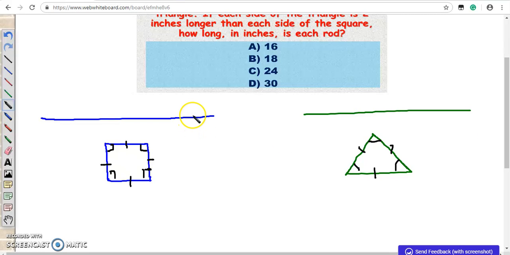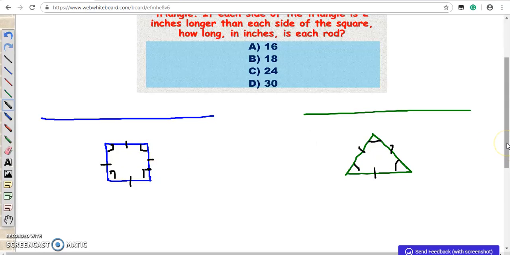Now if I bend a rod into any shape, how can I match the length? If I add all these lengths, it should be equal to the length of this rod. Here as well, if I add up all the side lengths, that should be equal to the entire length of this rod. What do we call it in geometry when we add up the side lengths?